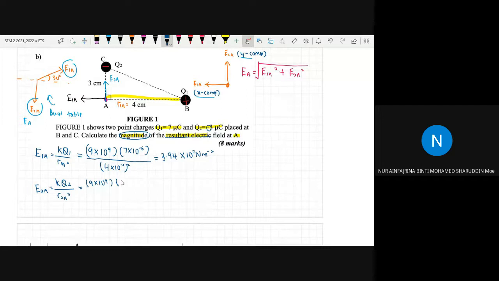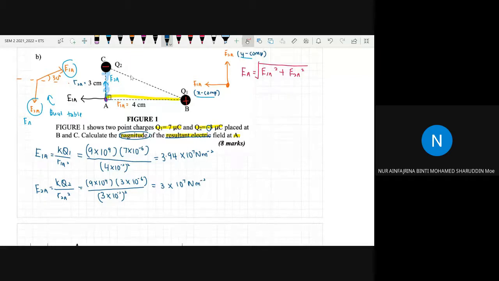Very good. So kita tak perlu letak negatif. Alright. And the distance between charge 2 to point A is 3 cm. So this is your R2A. So 3 times 10 to the power of negative 2 squared. So you will get the answer of 3 times 10 to the power of 7 Newton per meter squared.